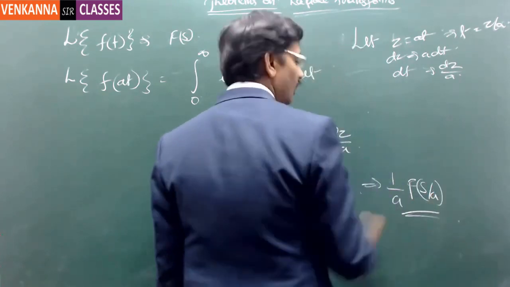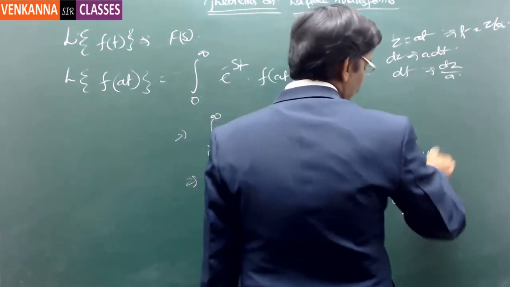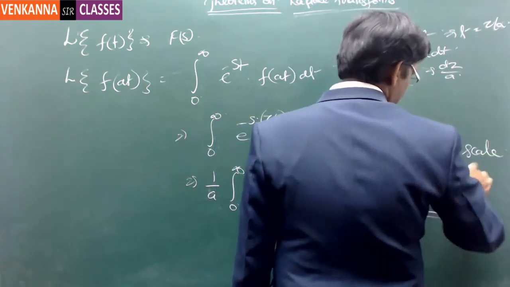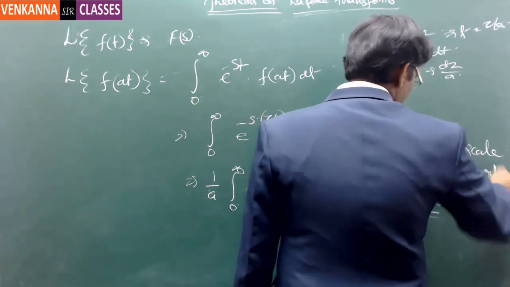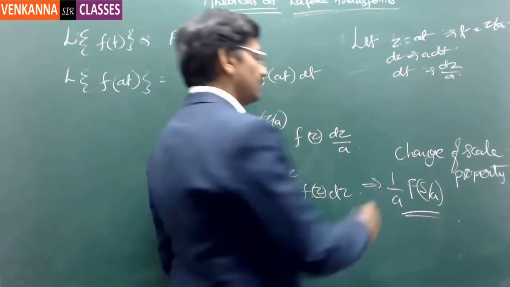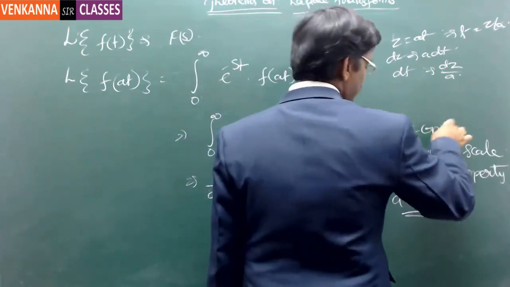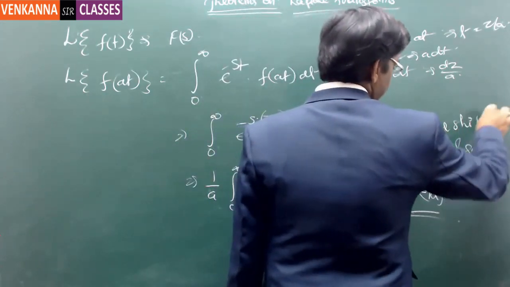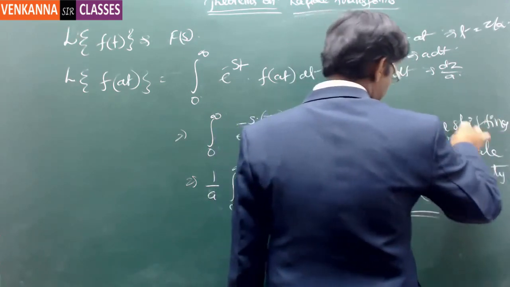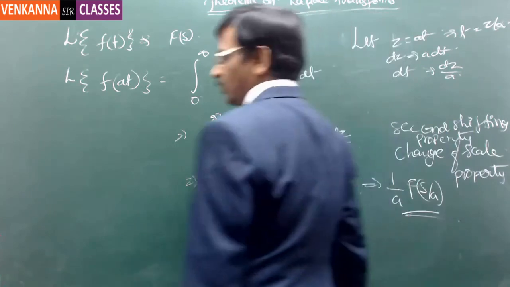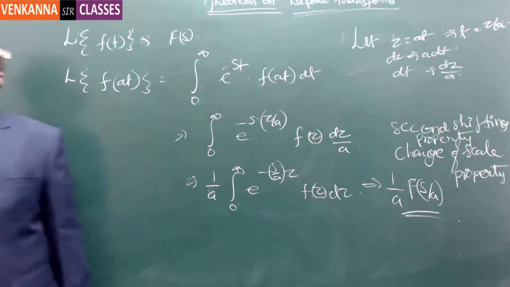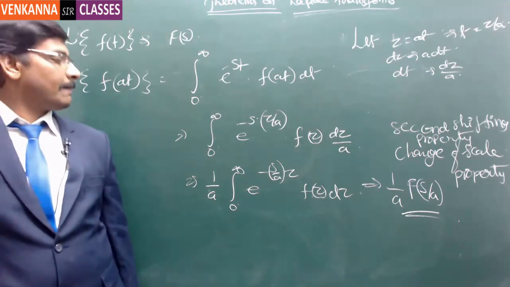So this is also called the change of scale property. Right? This is also called the second shifting property. The first shifting property, multiplication with e power at, changes the equation to 1 by s minus a.